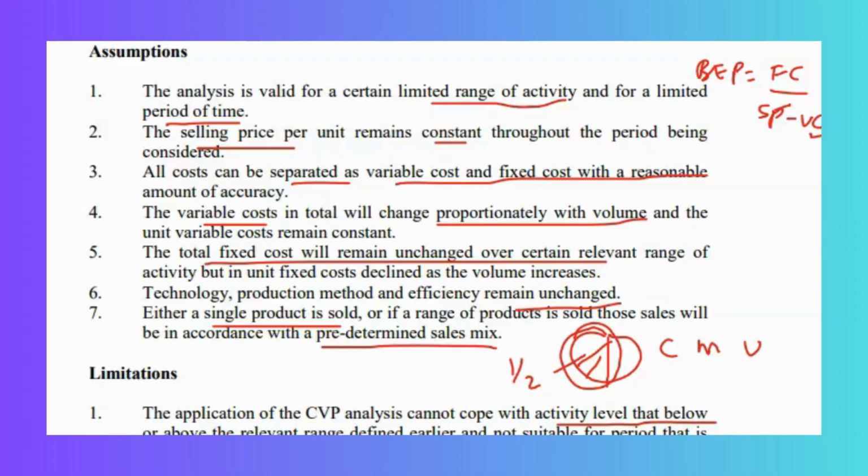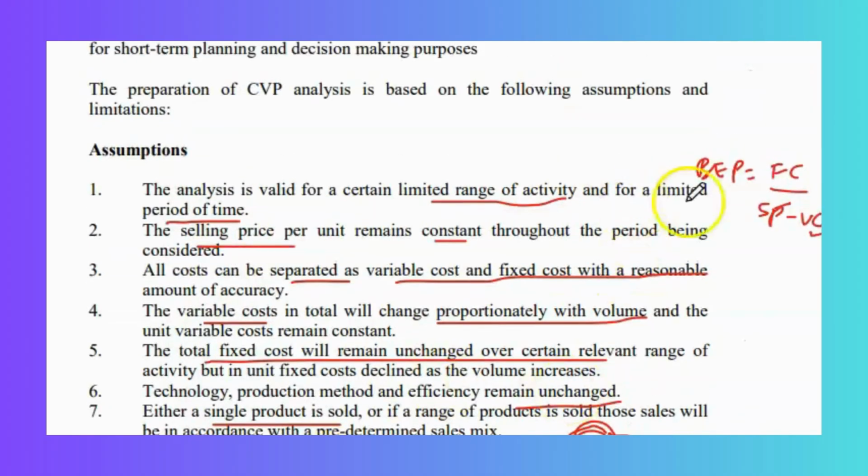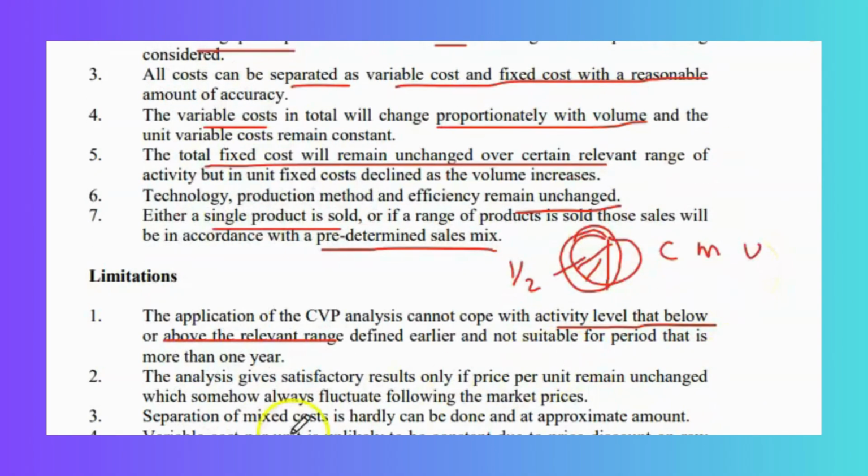If you produce more than 50,000, this assumption is no more relevant. You have to change the cost, and you have to change the FC and VC. Okay. Or you can use it only for a short period. If more than a year, this assumption is no more relevant. So it's not suitable for a period that is more than 1 year.